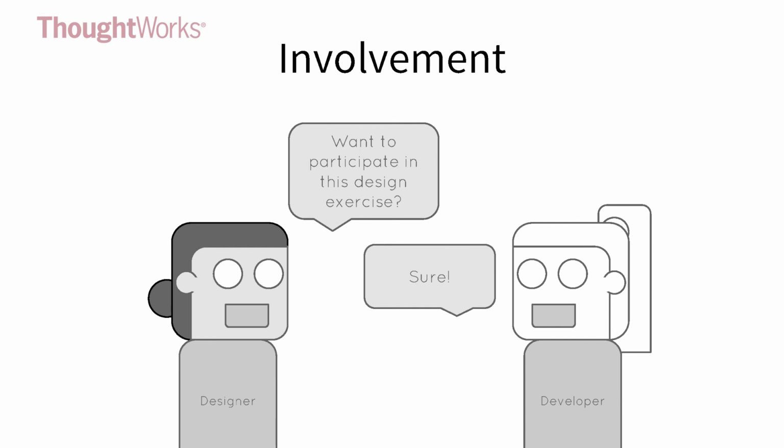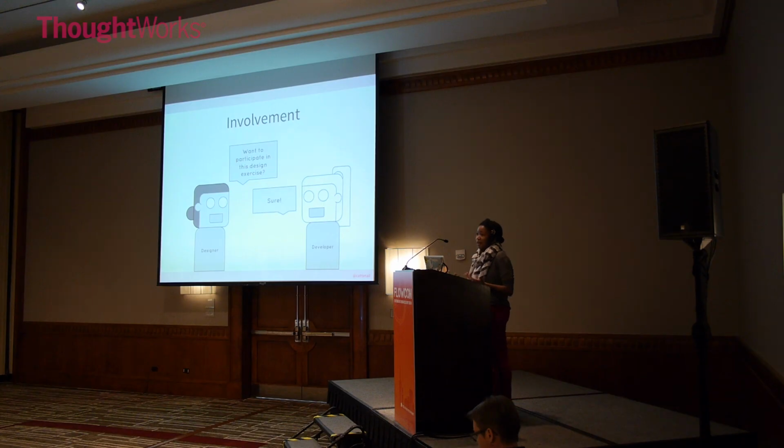Or if you're on the other side and you're a programmer and you want to participate, or a PM or whoever, just say, hey, I would like to participate in this thing. Do you think I can do that? And hopefully they will say sure. There will be some cases in which people say no, but hopefully they will be awesome and say yes.